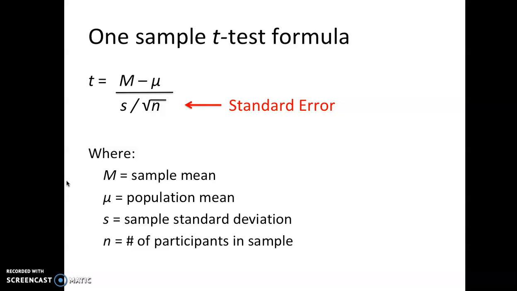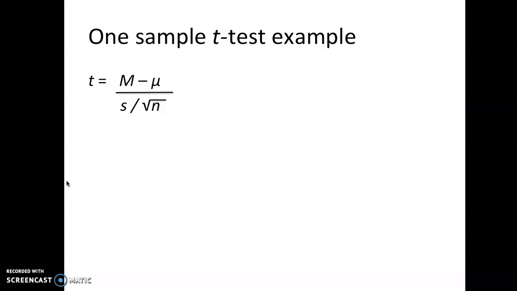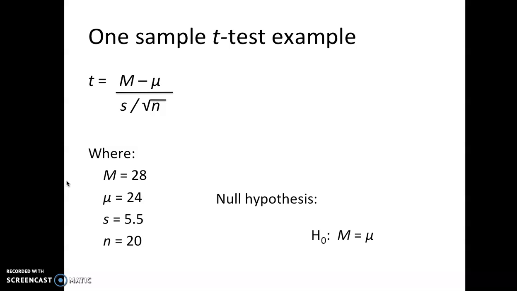So let's do an example. In this case, our sample mean is 28. The population mean is 24. Our sample standard deviation is 5.5, and we have a sample size of 20. We want to know if our sample mean is significantly different than the population mean.